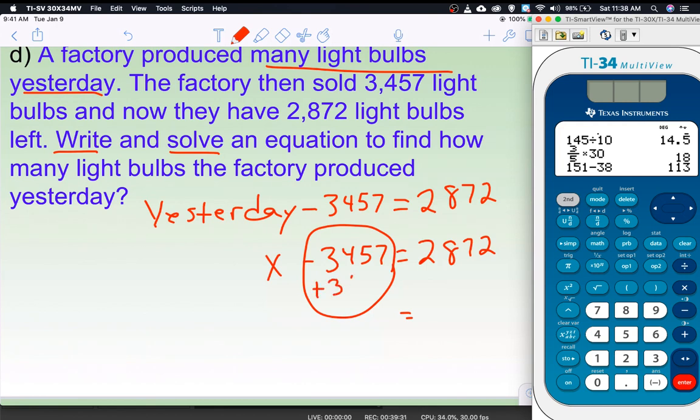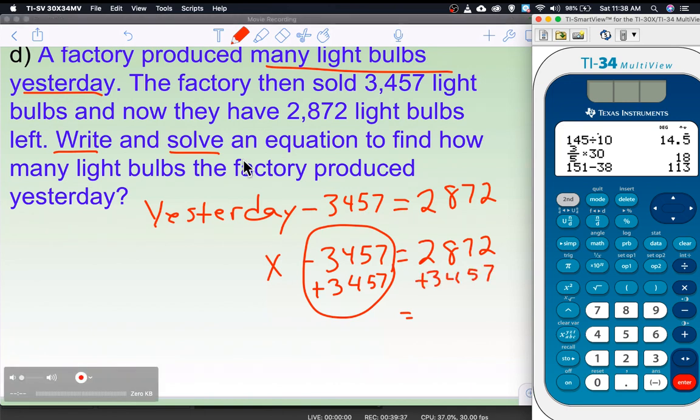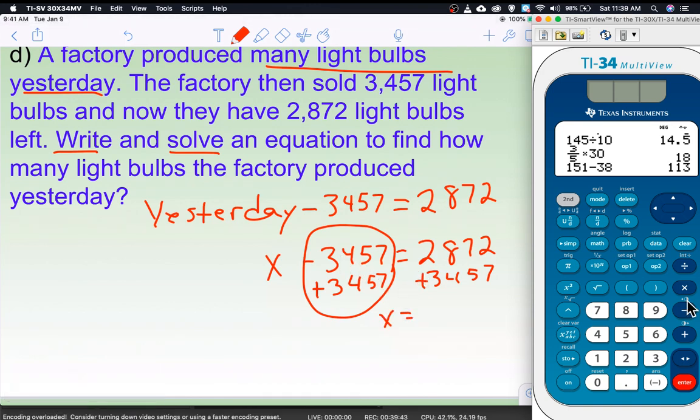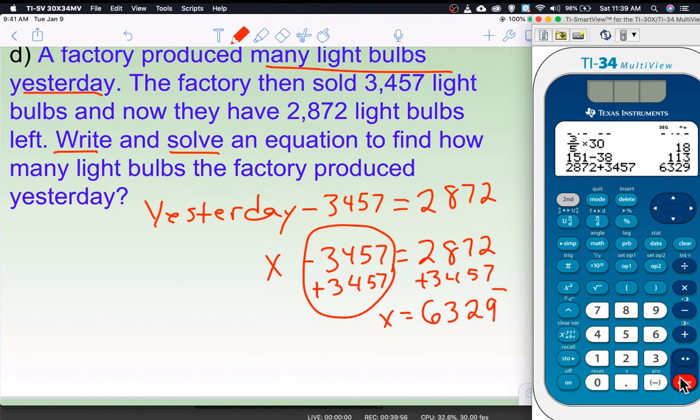We're going to add 3,457 to both sides. That is the opposite operation. These two cancel. So I'm going to get X equals, and on my calculator, I'm going to take 2,872 and add 3,457, and I get 6,329 light bulbs.